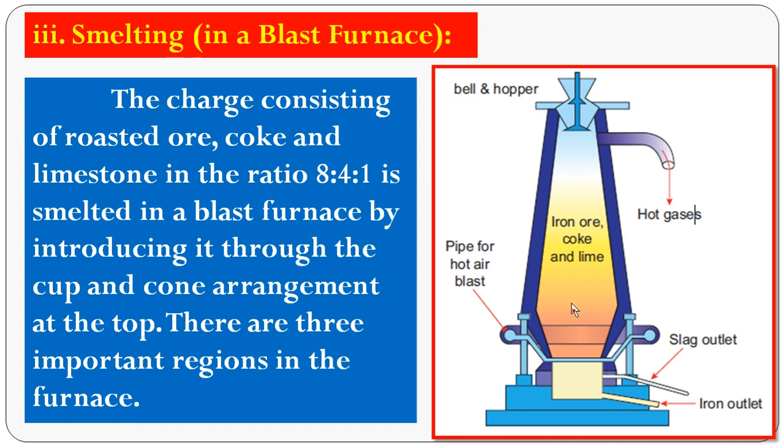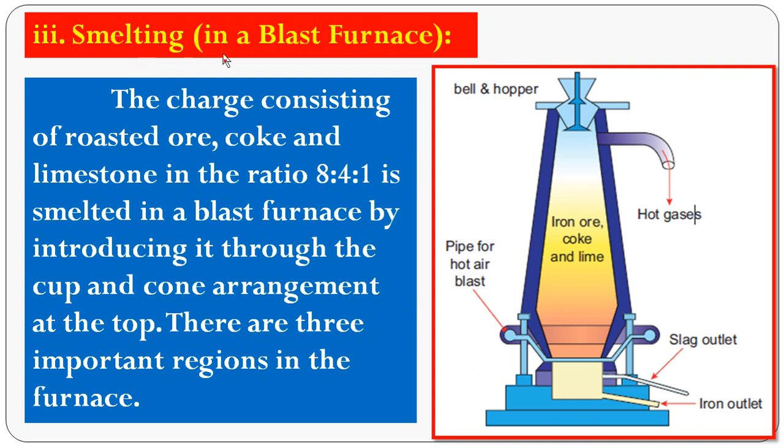The reaction takes place in the furnace, and the hot gases blast out. First, you have to remove the slag, then you remove the iron from the outlet. The third step, smelting.